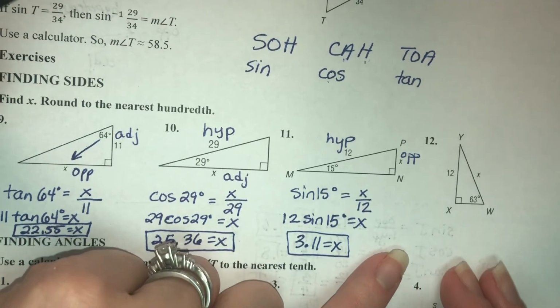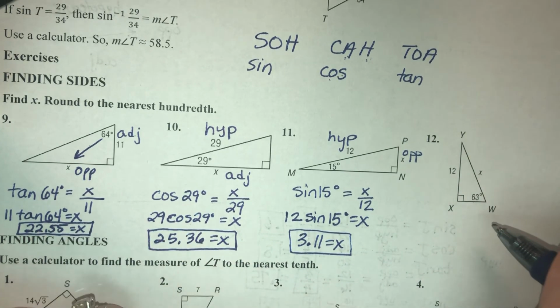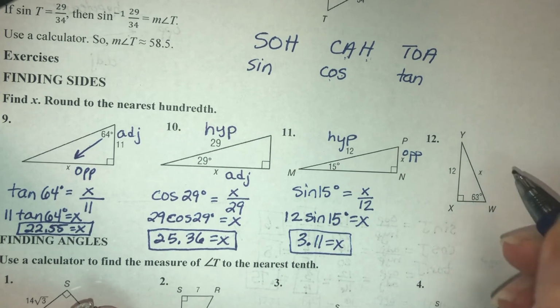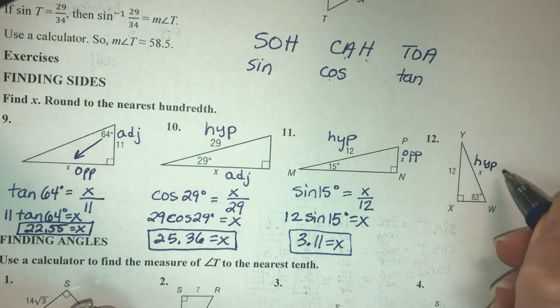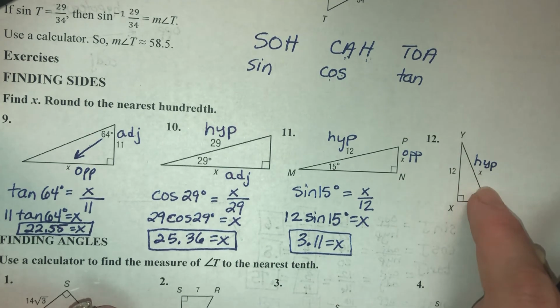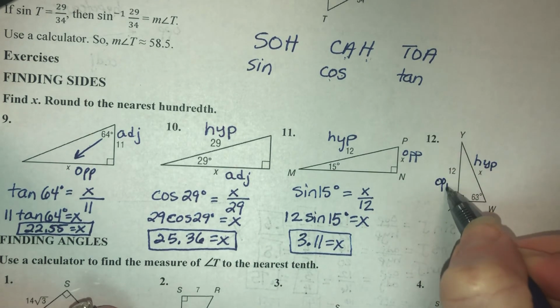All right. Number 12, this time we're starting with the 63 degree angle. We're going to label our sides. X is on the hypotenuse, the longest side that's across from the 90. If I put my finger on the 63, my finger is not touching the side with the 12, so that's the opposite side.